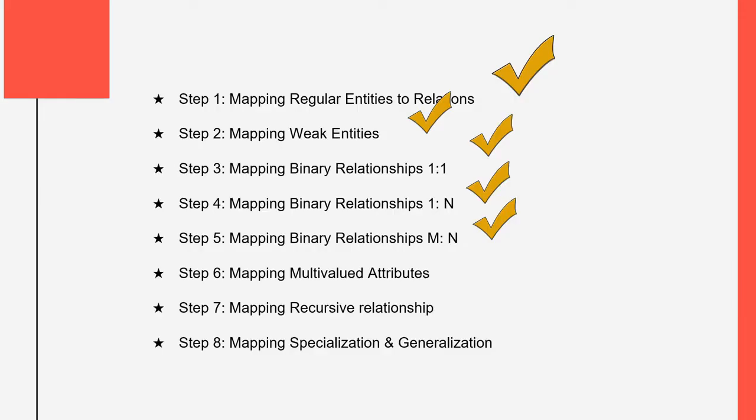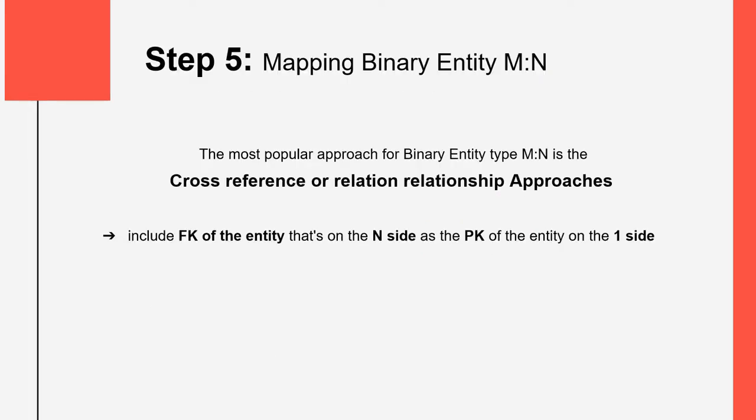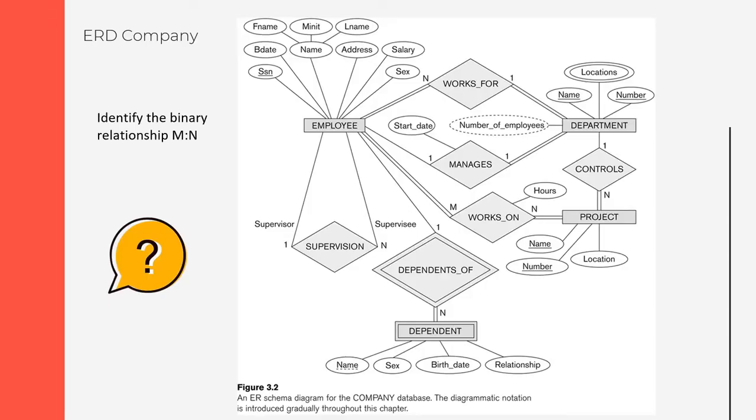Now let's see what we have next in step 5, which is mapping the binary relationship M to N. To map this relationship, many to many, we use the cross-reference or relationship approach, where we include the foreign key of the entity on the N side as the primary key of the entity on the one side.